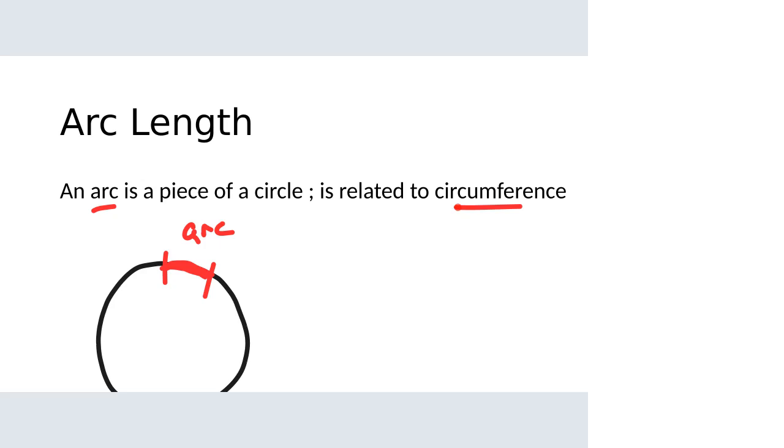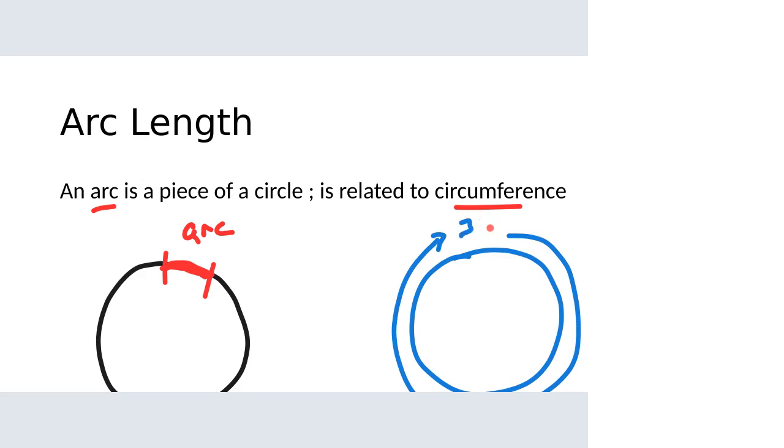Our process is going to be something along these lines, where let's say we have a circle. We know that all the way around the circle is 360 degrees. And if I have an arc somewhere on my circle, so we'll just do one similar to what we did before, if I have an arc right here, then there's going to be some angle that goes with that arc.